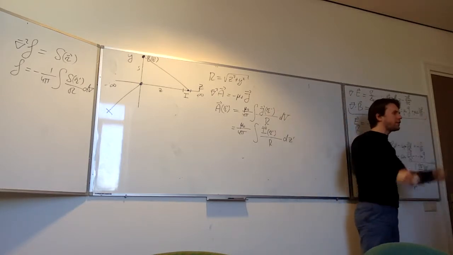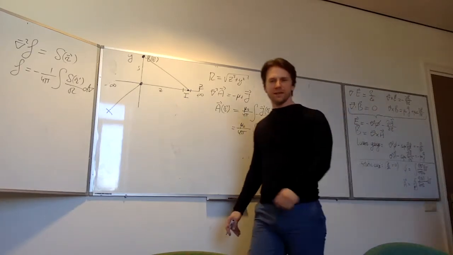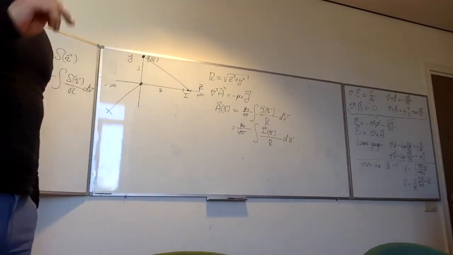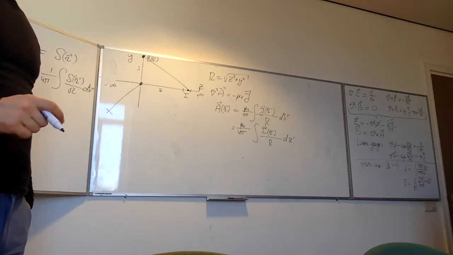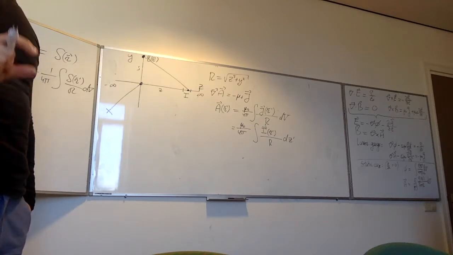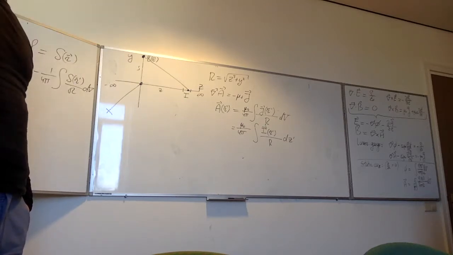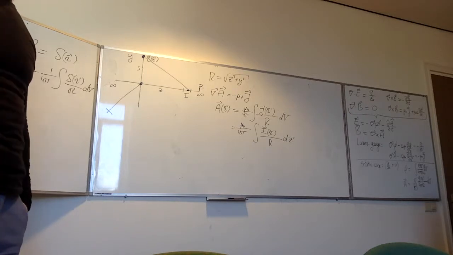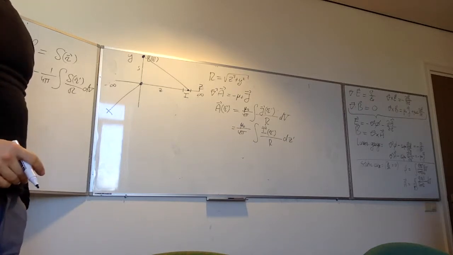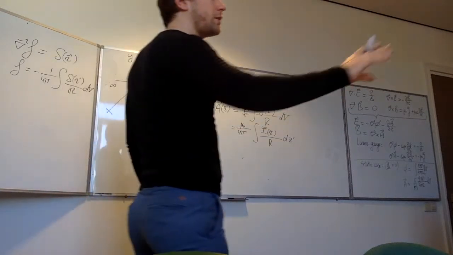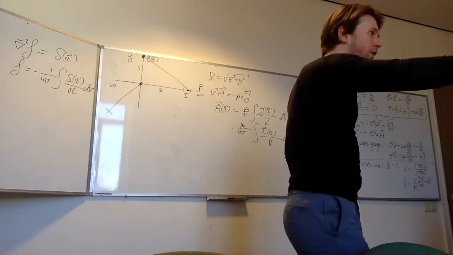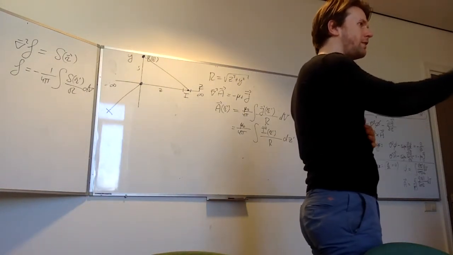Okay. And yes, I also forgot the mu 0 and the epsilon 0. Does that mean we made a mistake in the previous one? No, because the only thing it changes is an overall minus sign and the presence of a mu 0 or an epsilon 0. So they're just constants.